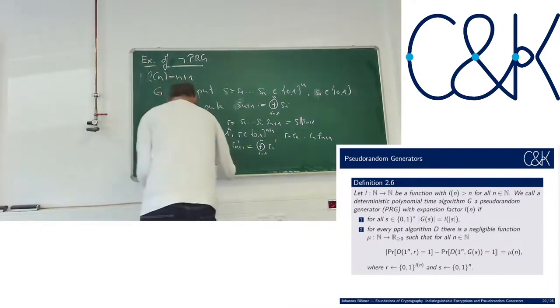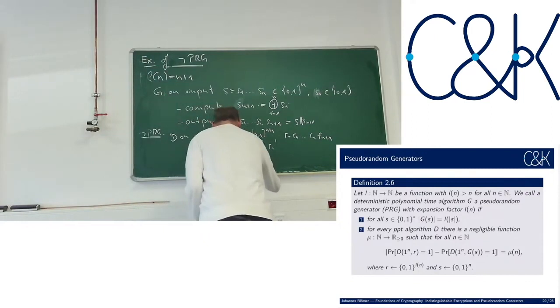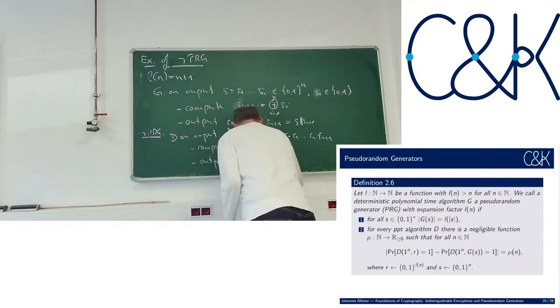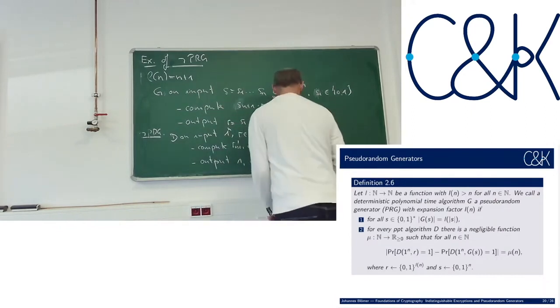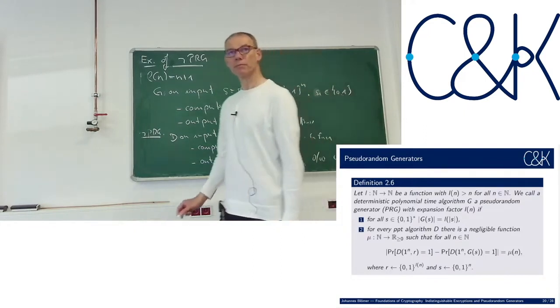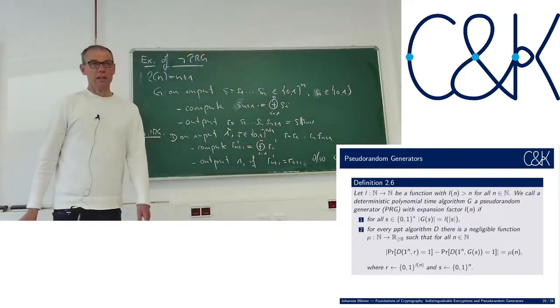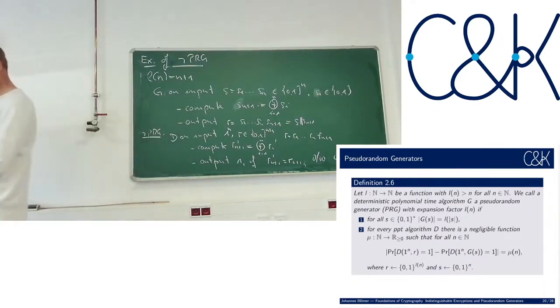And then output 1 if Rn plus 1 prime is equal to Rn plus 1. Otherwise, I output 0. The algorithm just checks whether the last bit is the XOR of the first n bits.